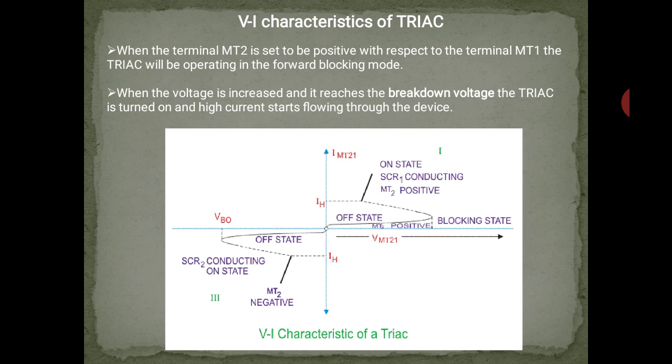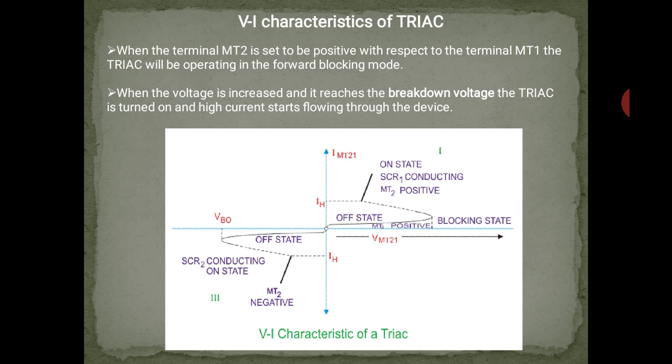VI characteristics of the triac. Since the triac is a bidirectional device, its VI characteristic curve will be in the first and third quadrant of the graph, which is similar to the characteristic of a thyristor. When terminal MT2 is set positive with respect to terminal MT1, the triac operates in forward blocking mode.